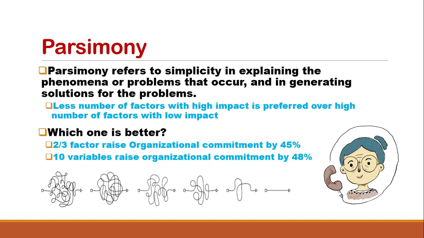Economy in research is achieved when we build our research model with a lesser number of variables that would explain the variance or change more efficiently as compared to a large number of variables that can add only marginal addition to the variance. So parsimony can be introduced with a good understanding of the problem and important factors that influence it.